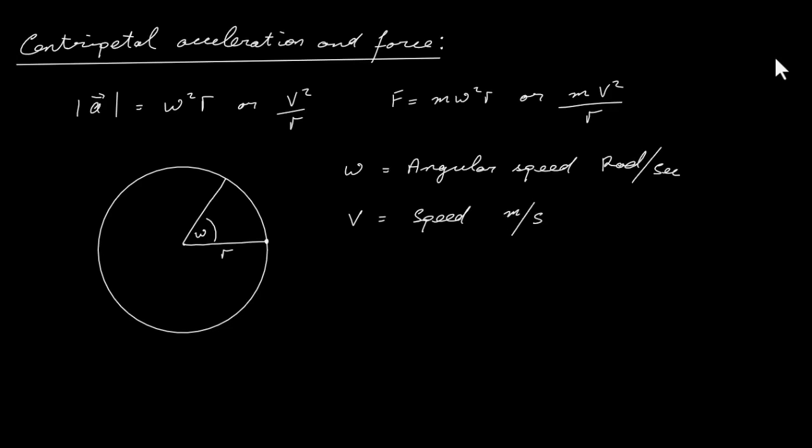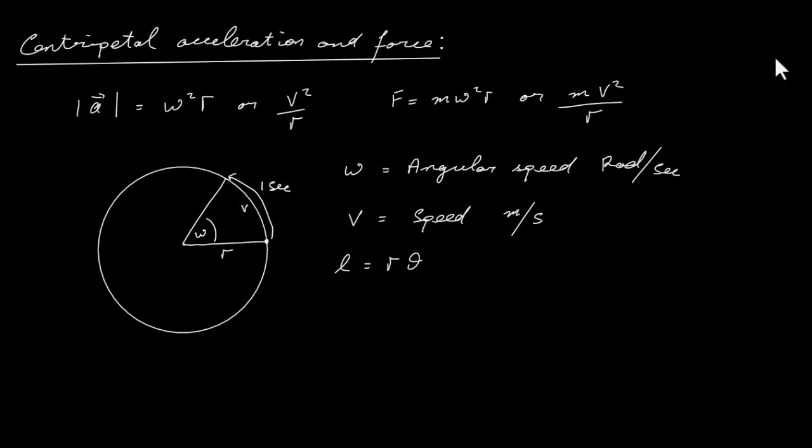So if we take the particle as traveling from here to here in 1 second, then this part of our circle is going to be a distance v. We also know that this sector of a circle has length equal to r times theta. The length that we want is this distance here.